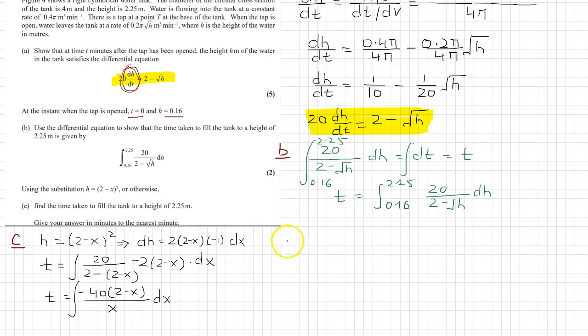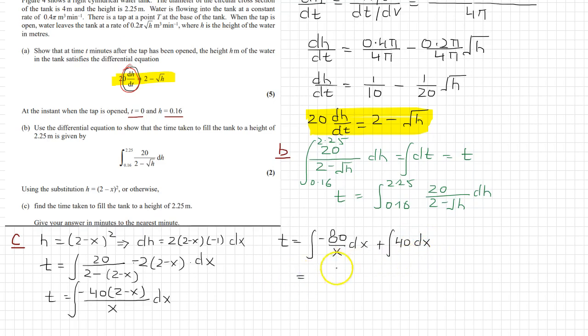So that can be written as t is equal to the integral of minus 80 over x plus 40x over x plus integral 40 dx.